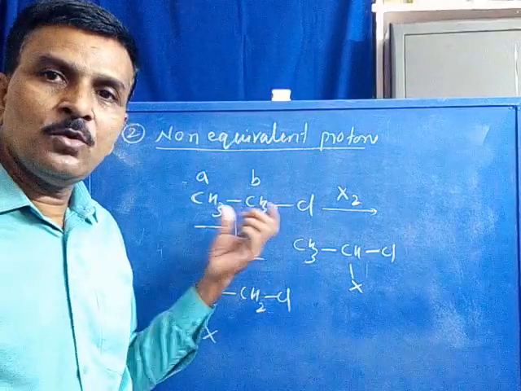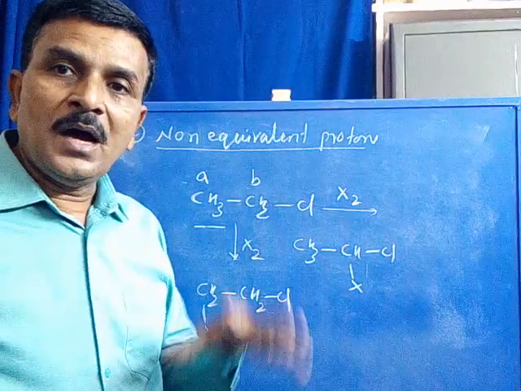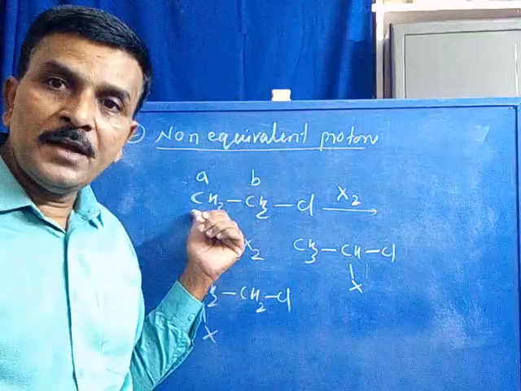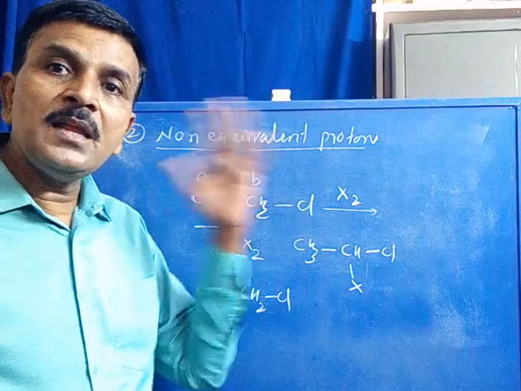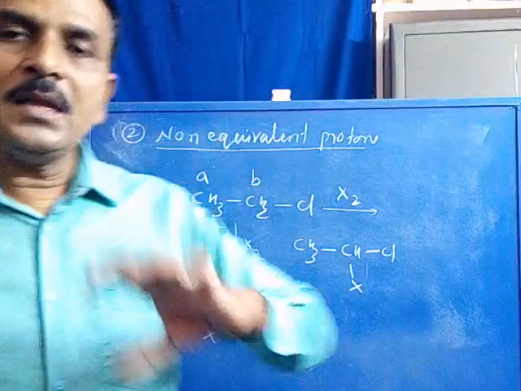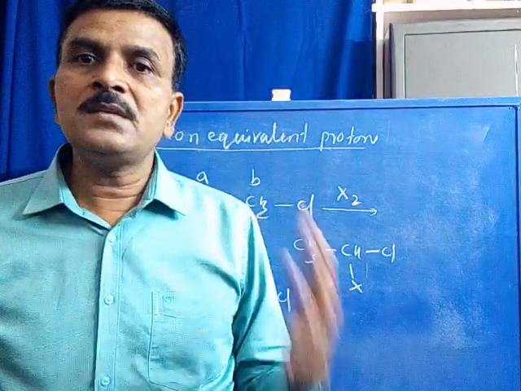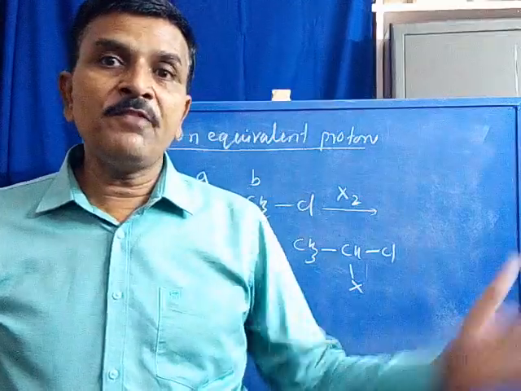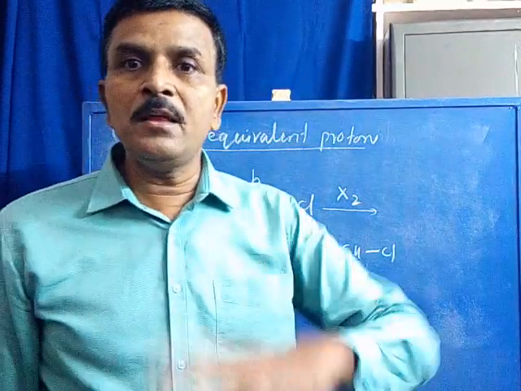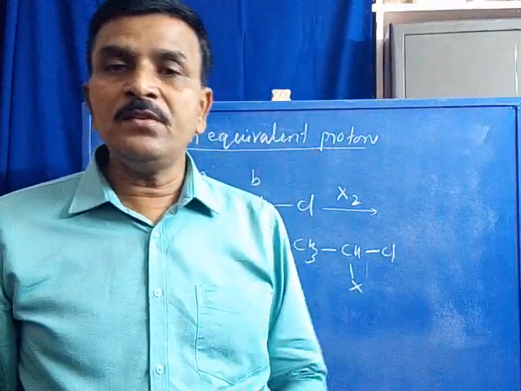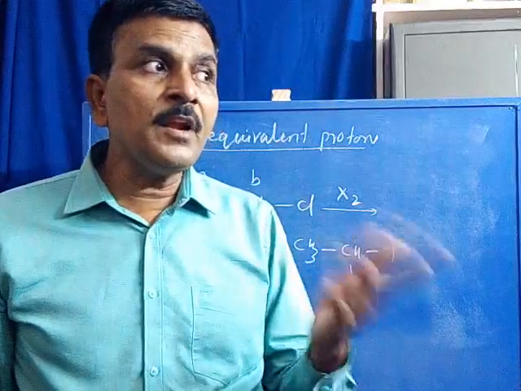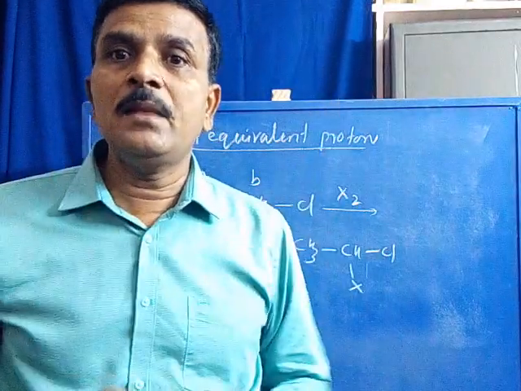So the CH2 group and CH3 group are different in magnetic environment and chemical environment, therefore they are called non-equivalent protons. Non-equivalent protons always absorb energy at different frequencies, therefore they appear with more than one signal in their NMR spectrum.